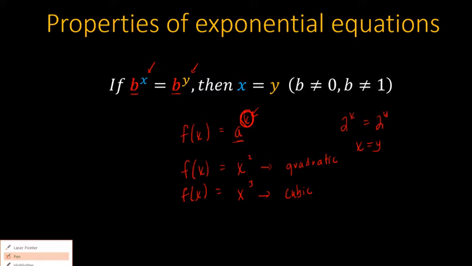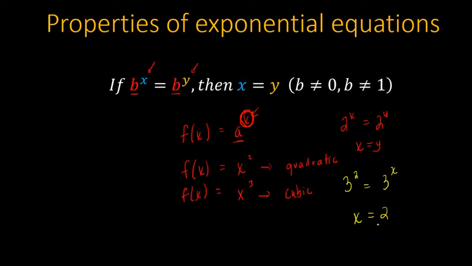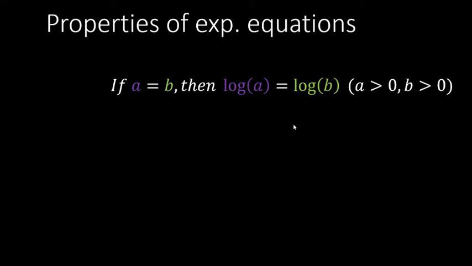Or, another way of looking at it, if I had 3 squared equals 3 to the x, you could probably pretty easily see that x must be 2. It's sort of an intuitive property when you look at it like this. So let's practice with that a little bit.